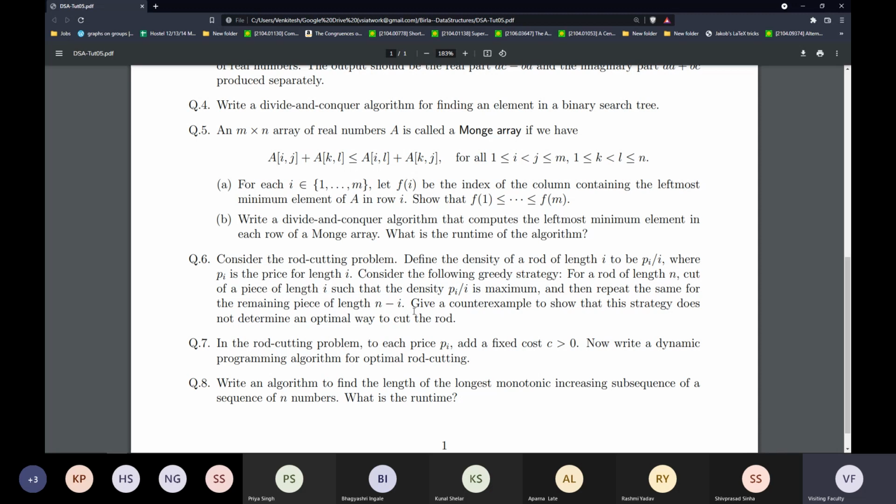Okay, so now the divide and conquer algorithm is very simple. Let's have a look at it.